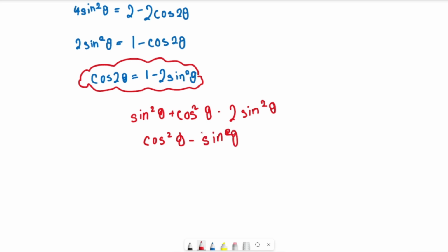Another one is, instead of changing the 1, I can change the sine squared theta. So I can write 1 minus 2, and instead of sine squared theta, I can write 1 minus cosine squared theta.